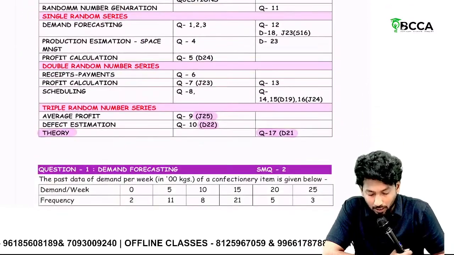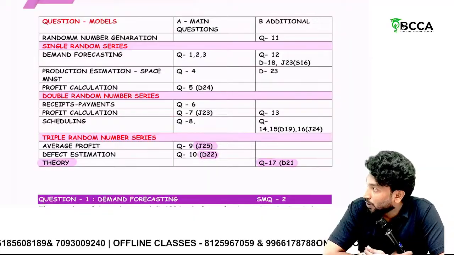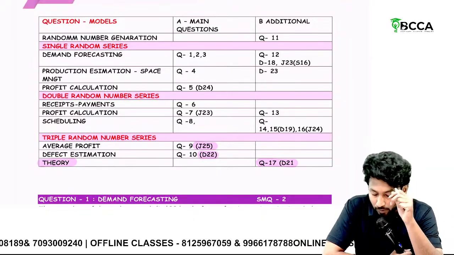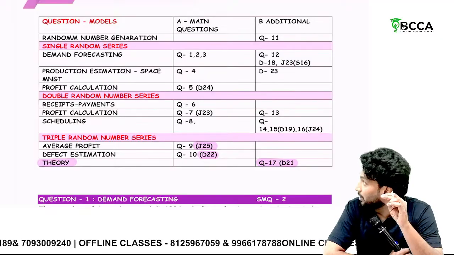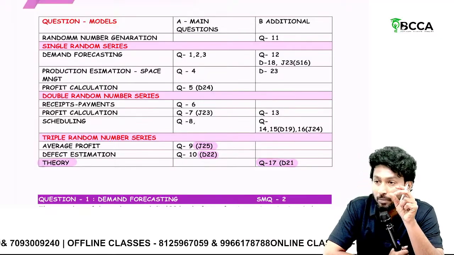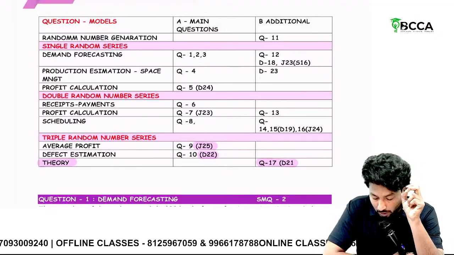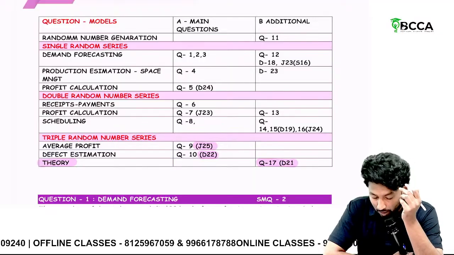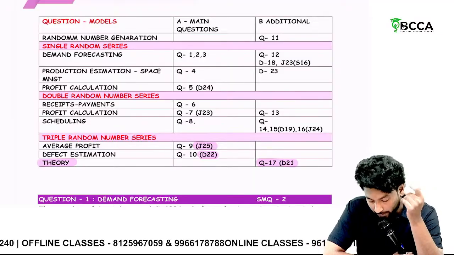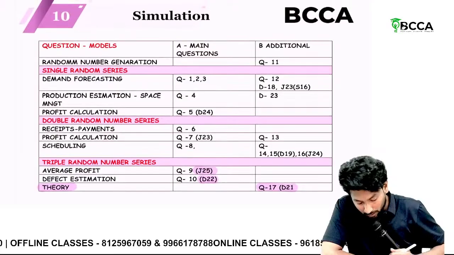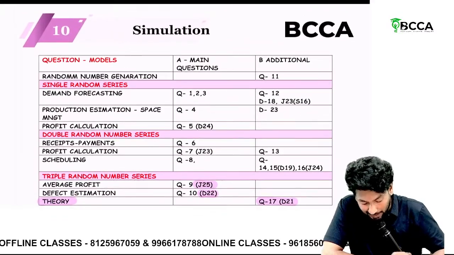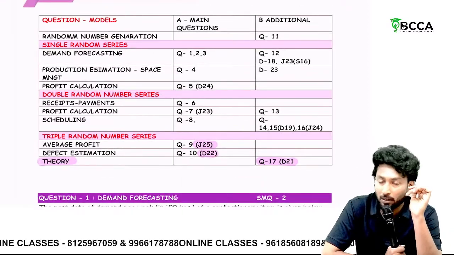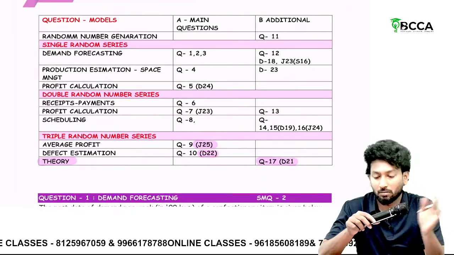Here you can divide the total problems in this particular chapter into three types. The first is questions in which they have given a single random number series. Some questions will have a double random number series, and even some questions have a triple series.